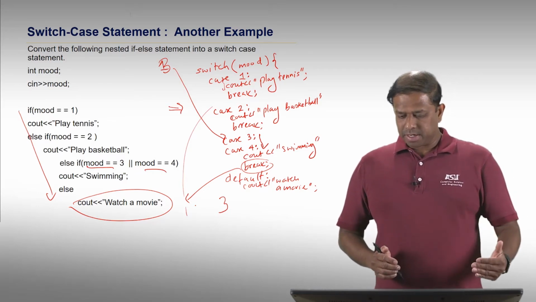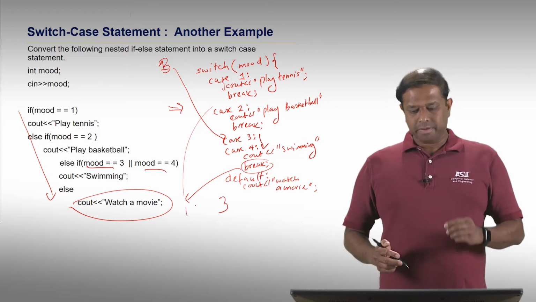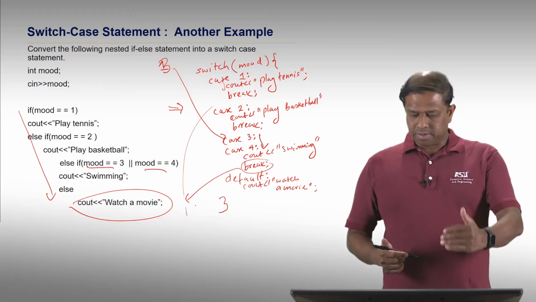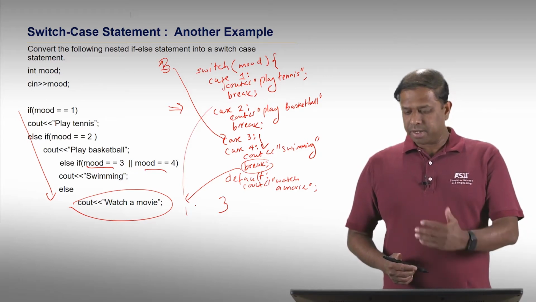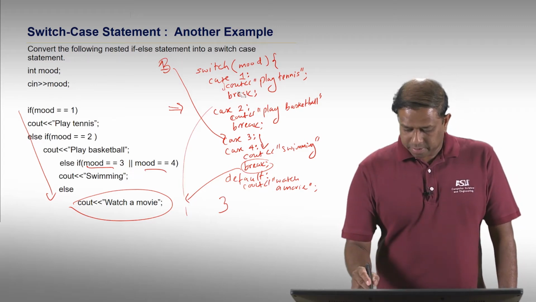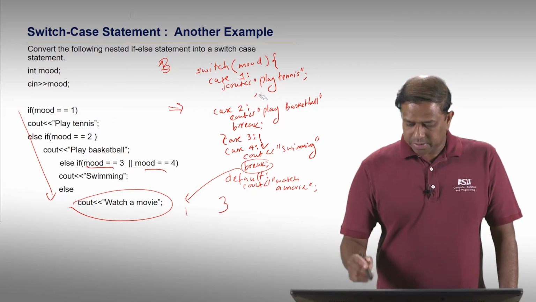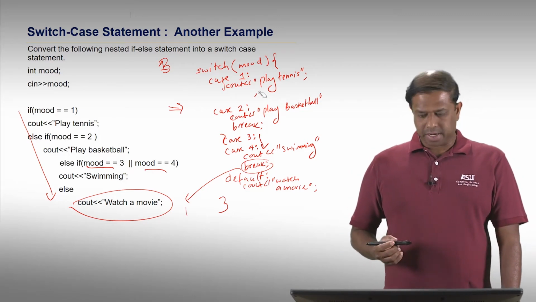So break statement is essentially saying after doing the case, get out from it. If you don't have the break statement, the switch case statement automatically goes to the next case as well, okay? So suppose we have this scenario where case 1 does not have the break statement, right?